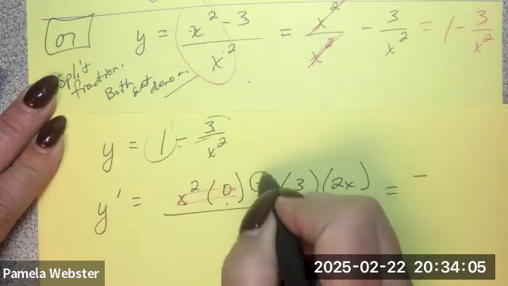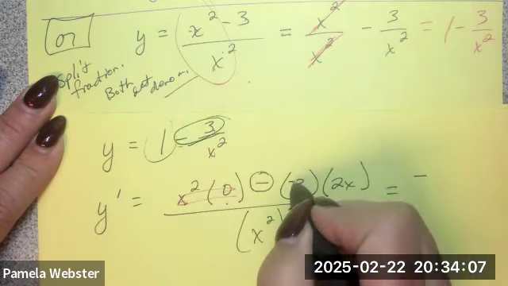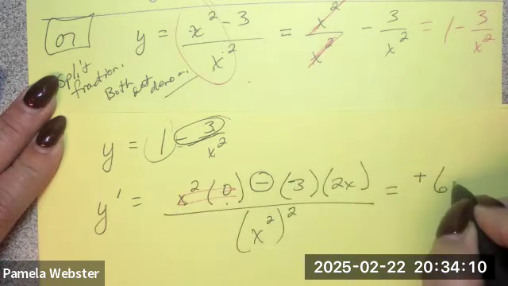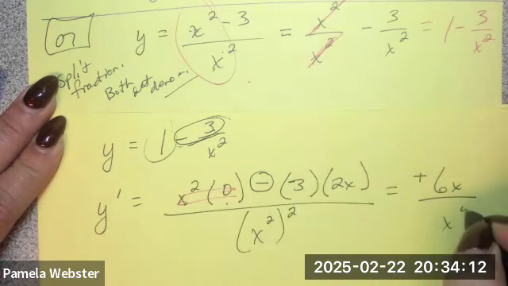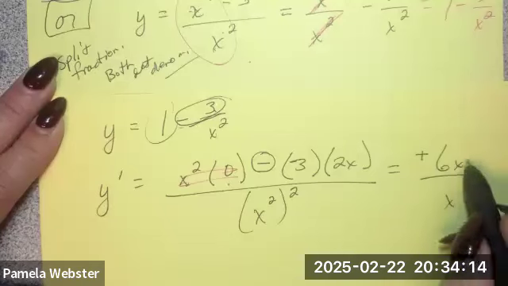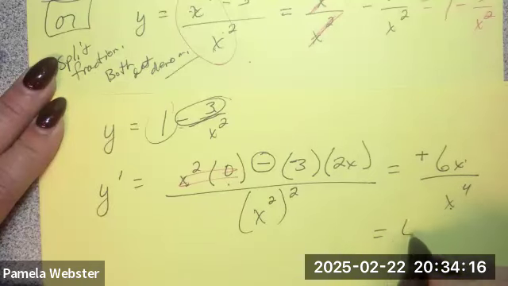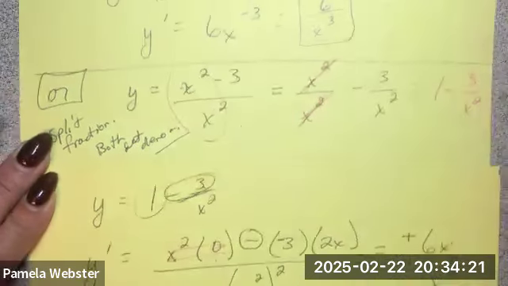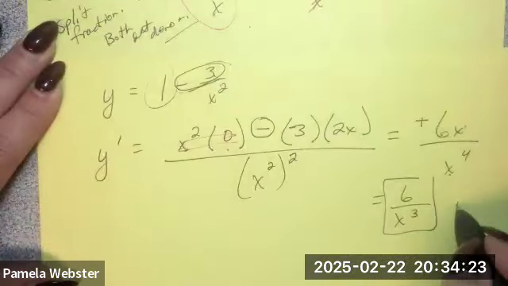This minus is from the formula. This minus is in there. So it's a positive 6x over x to the fourth. And then we see, just like earlier, those x's will reduce out. I get 6 over x to the third. And sure enough, that's the same thing.